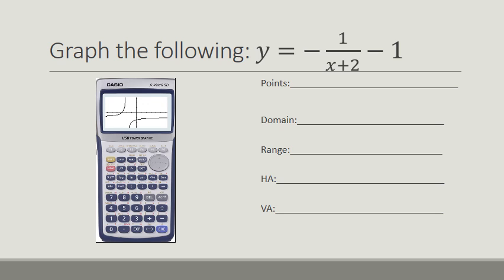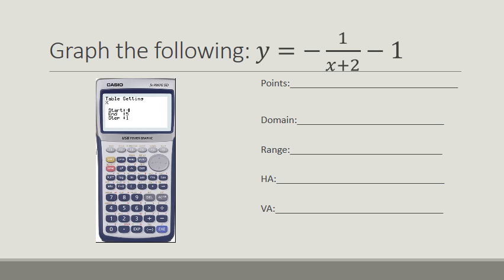So I can do some tracing. I can do G-Solve to find some points, but I can also use, and we haven't done this yet, the table function. So I'm going to go to menu, and I'm going to go to table, and I could actually put my equation right in there, but remember with the Casio, it puts it in all of them. I'm going to set this up. I'm going to tell where I want it to start.